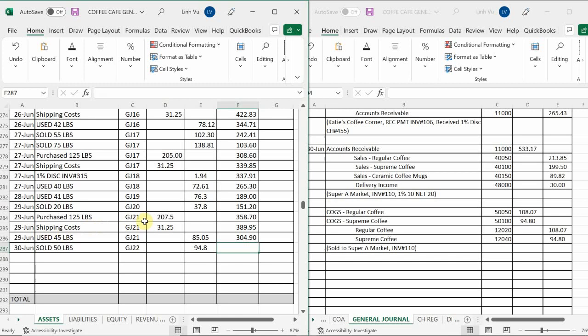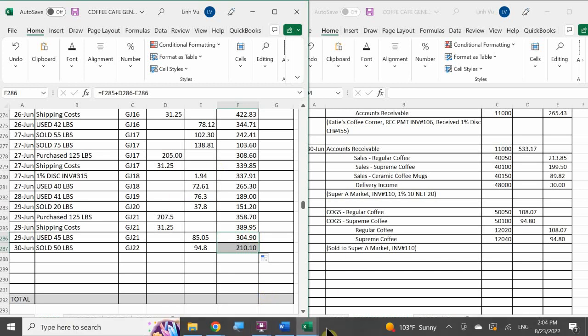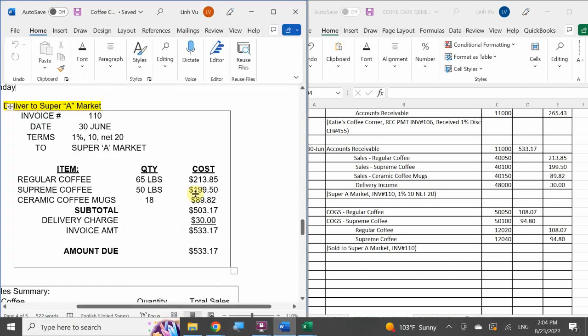We have a balance of $210.10. Yes, which we know that's correct. 210.10. Awesome. Okay. And I believe that is it for that transaction.